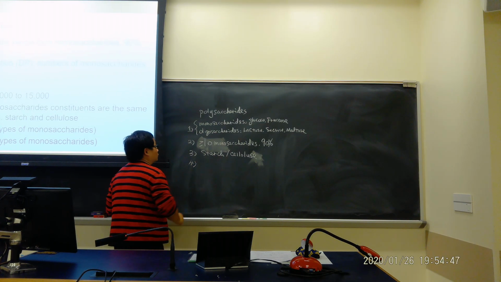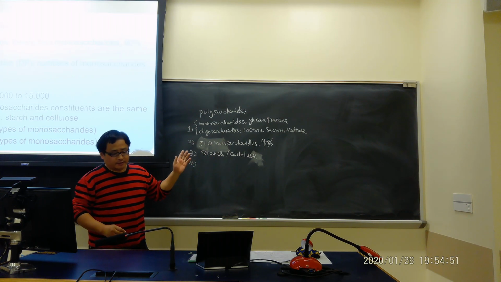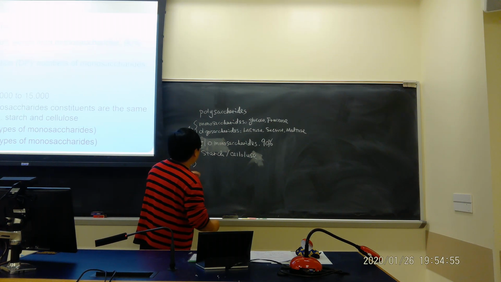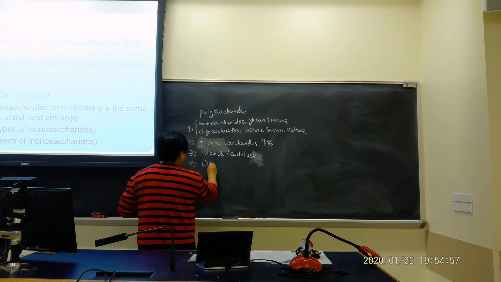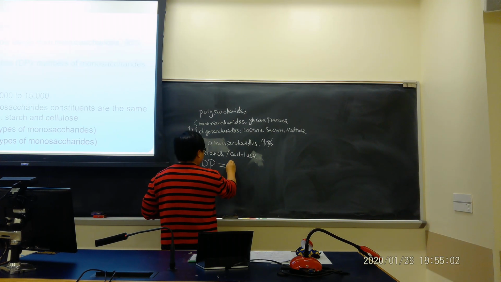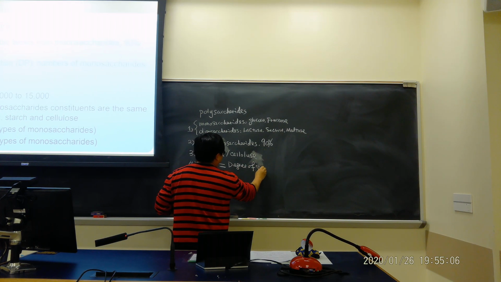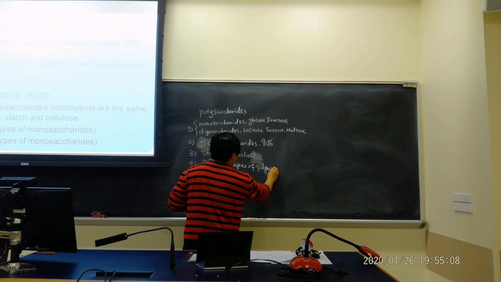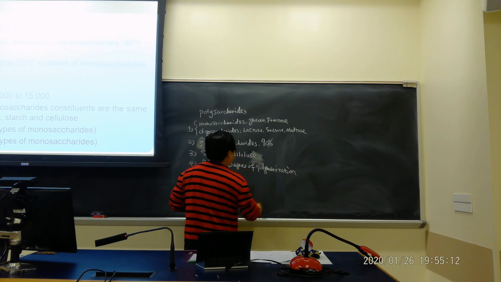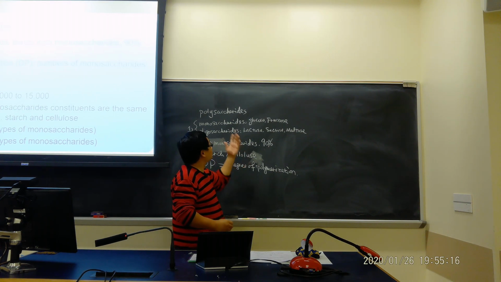In order to evaluate or quantify the characteristics of the polysaccharides, we introduce a terminology called DP. And we will mention this again later on. This is called degree of polymerization, which means how many monosaccharides.